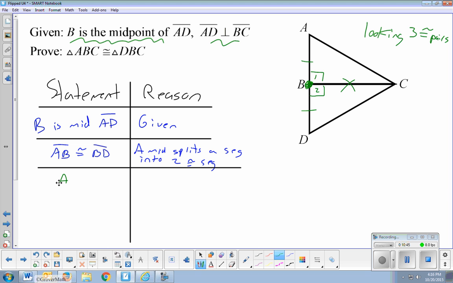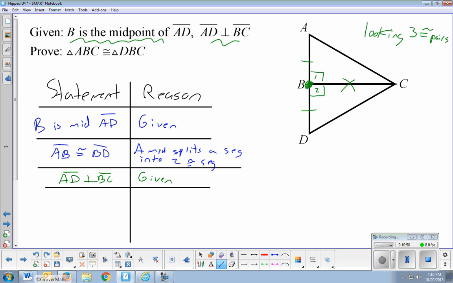But the next given, which I treat separately, AD is perpendicular to BC, is given information. And when it comes to perpendicular, we have two steps we have to do.